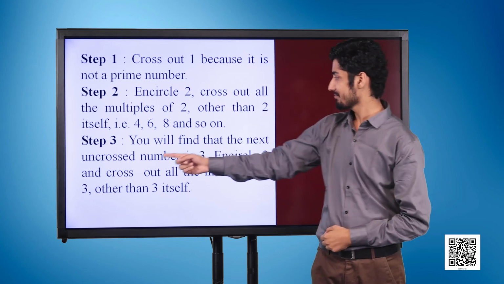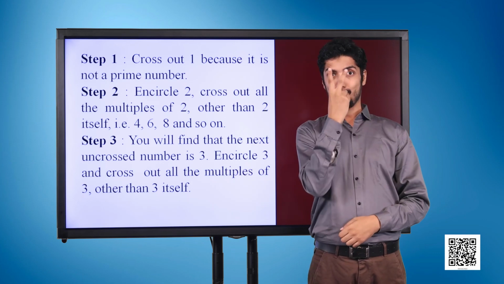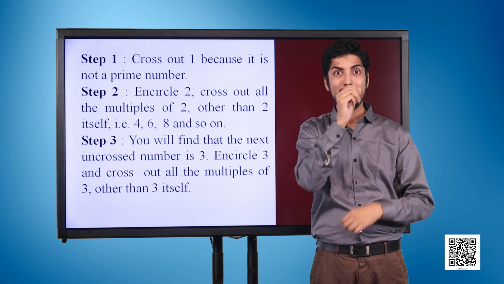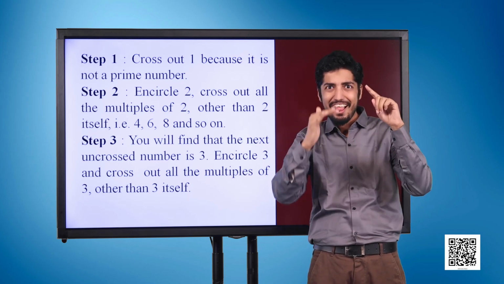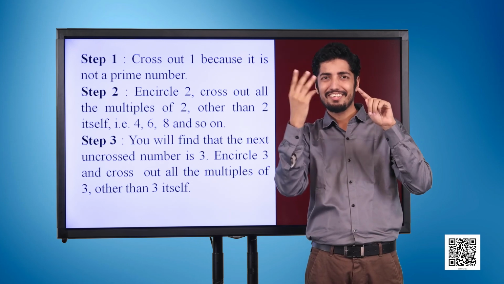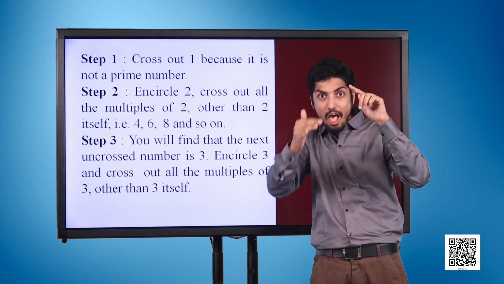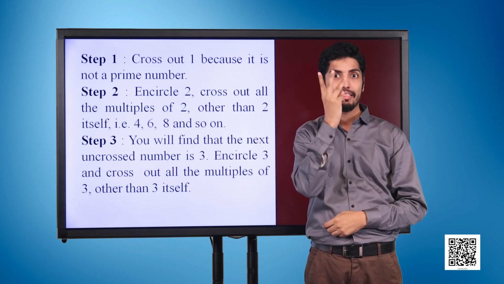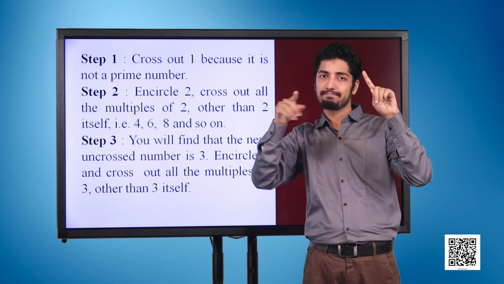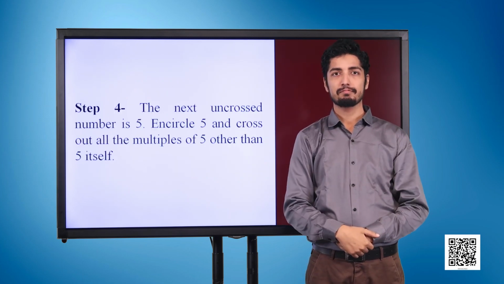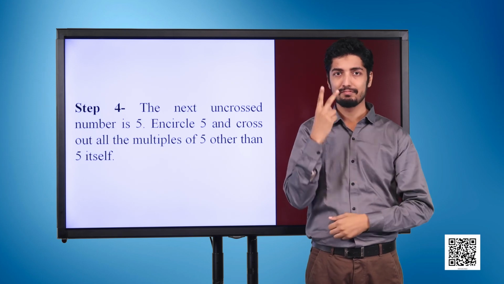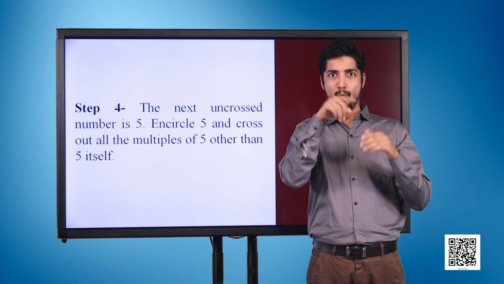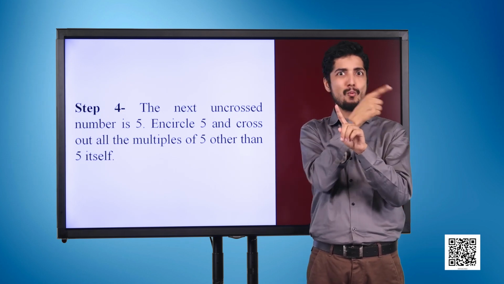Step 3. You will find that the next uncrossed number is 3. Encircle 3 and cross out all the multiples of 3 other than 3 itself. Step 4. The next uncrossed number is 5. Encircle 5 and cross out all the multiples of 5 other than 5 itself.